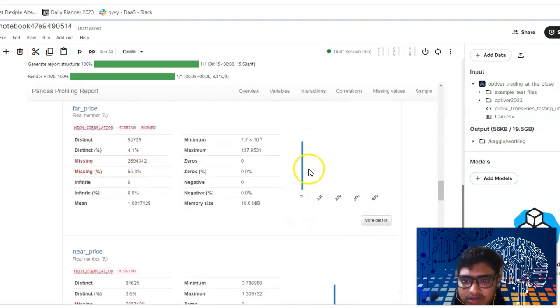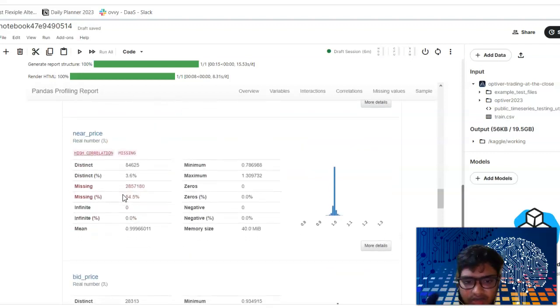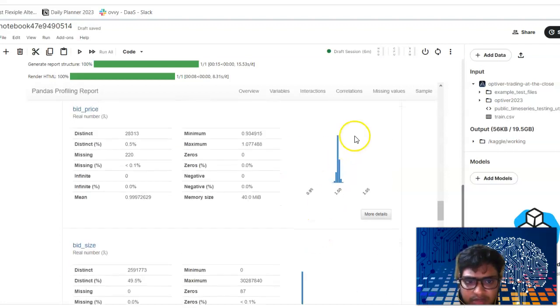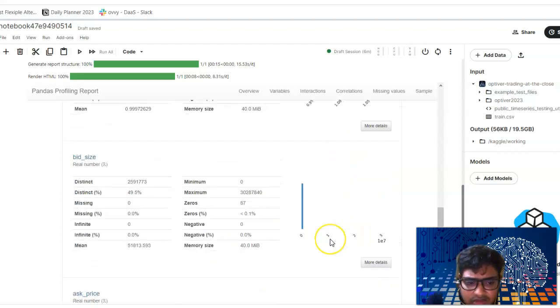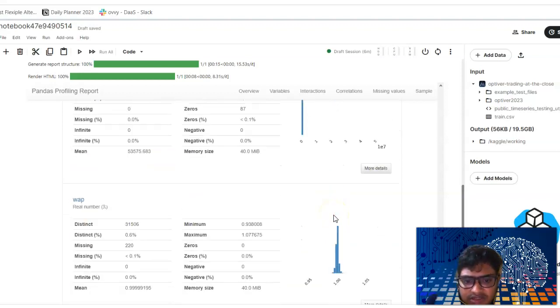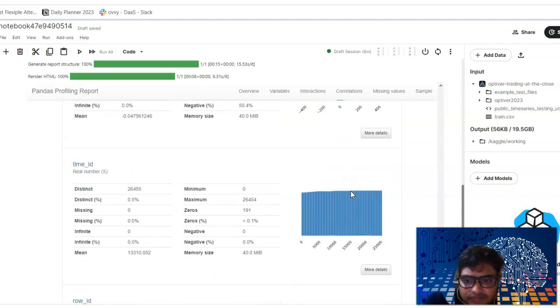Far price has missing values and is highly correlated with 5 fields. Near price also has high correlation. Bid price, ask price and WAP all show some Gaussian structure.